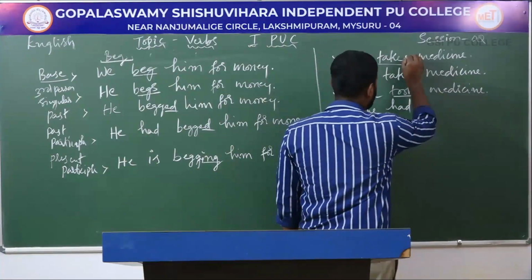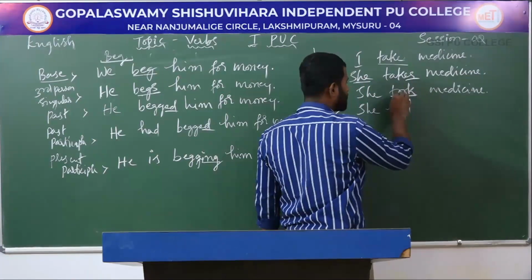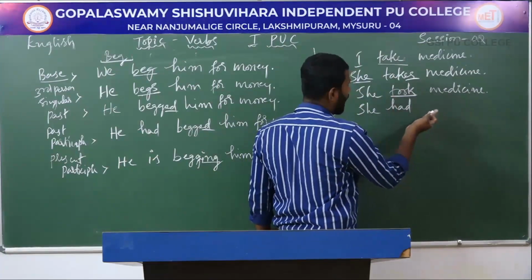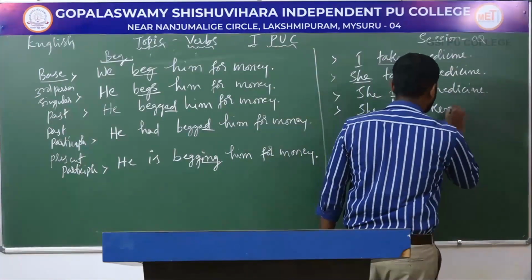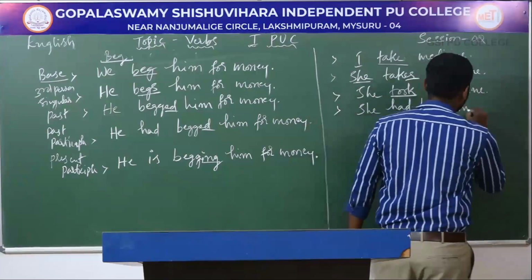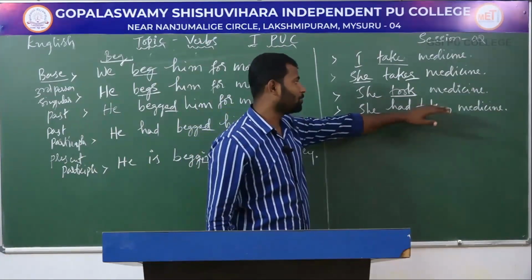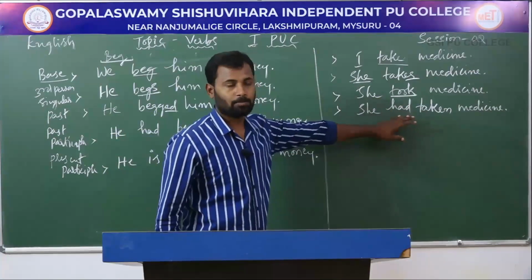The verb take has changed its form as took in the past tense, whereas in the past participle it has been changed as taken. She had taken medicine. This sentence, she had taken medicine, is written in past perfect tense.